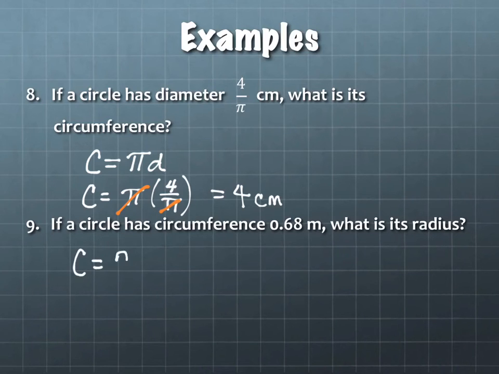The circumference is 2 pi r is my formula, and our circumference, like you said, is 0.68. So it looks something like that, right? Remember, pi is a number, so there's only one variable here, r. I should be able to solve for r. How would I do that? Divide both sides by 2 pi. Right. Divide both sides by 2 pi.